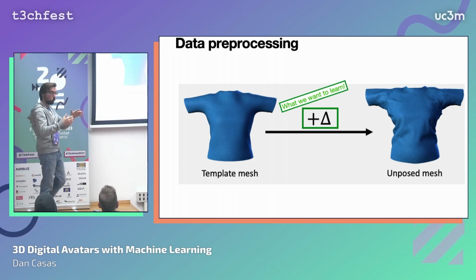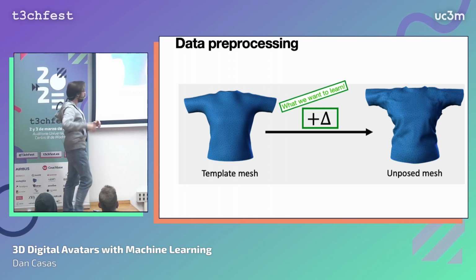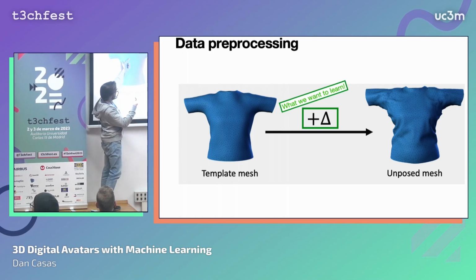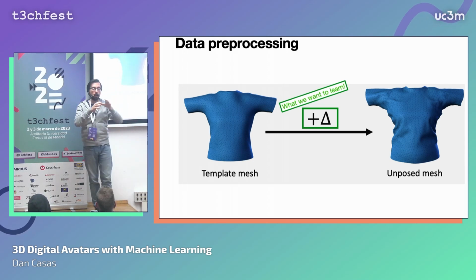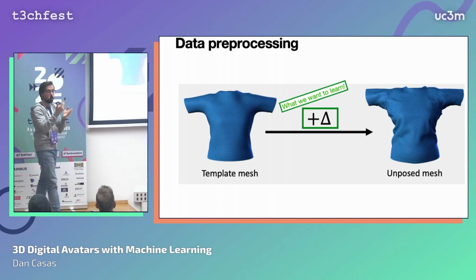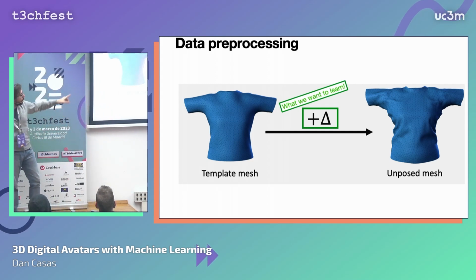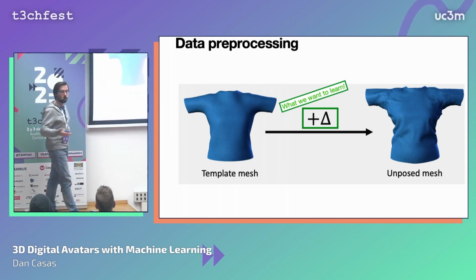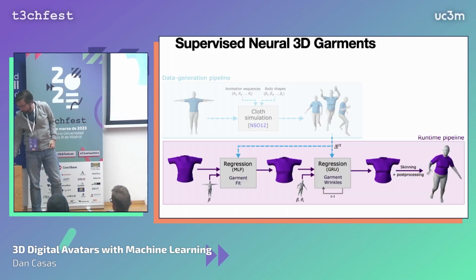So when the pose of the human is that I raise my hand, I want some wrinkles to appear here, which for the computer, in the representation that I use, is just a set of 3D offsets that I'm going to add to these vertices, which in the end is a vector of 3 values per vertex, right? So I encode this in a matrix that I call capital delta, and this is exactly what I want my machine learning model to do.